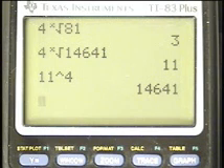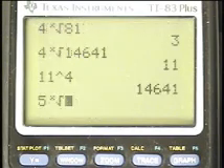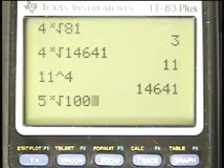Of course, it won't always work out to a whole number. Let's say we take the fifth root of 100.